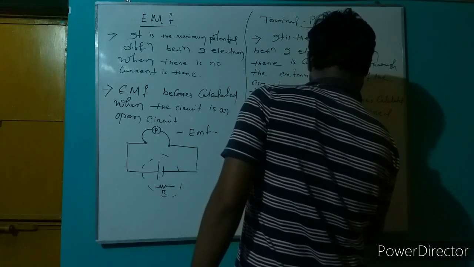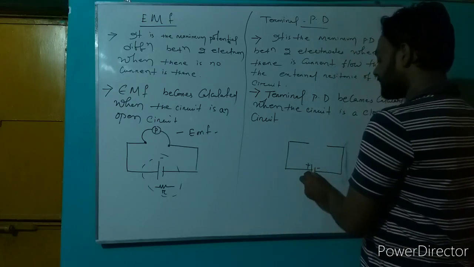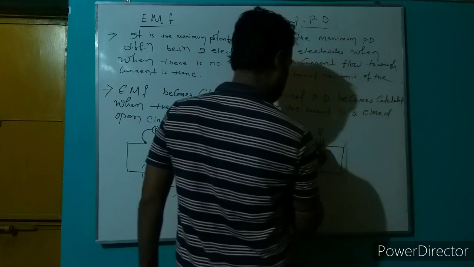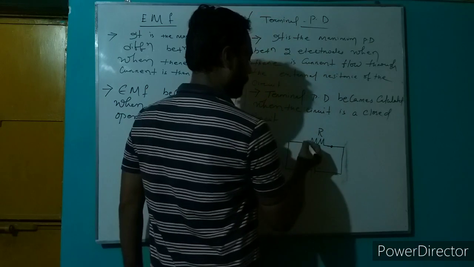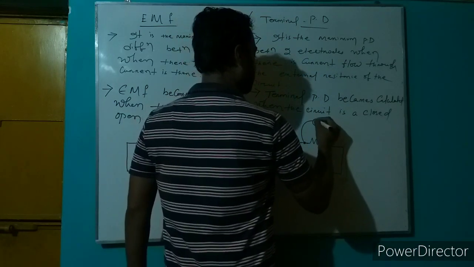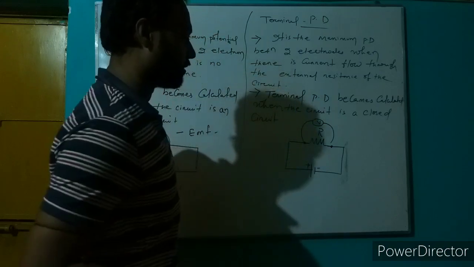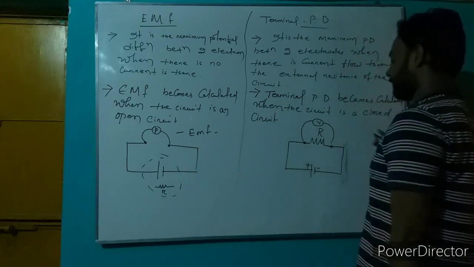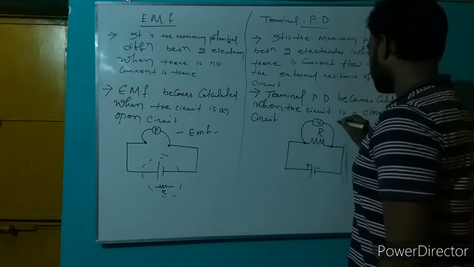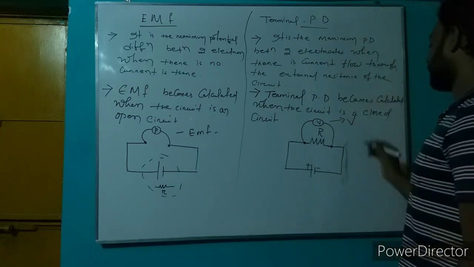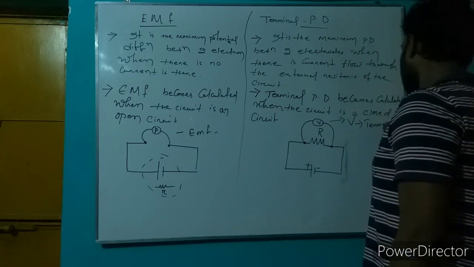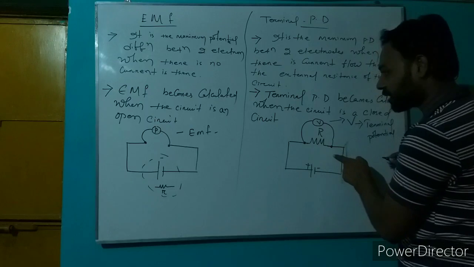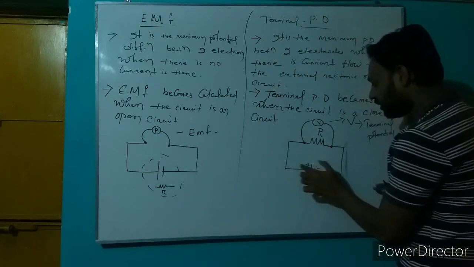Here the two ends of the cell are connected by an external resistance, that is R. Here we have joined a voltmeter so that the voltmeter measures the potential, and that potential becomes quite minimum as compared to EMF. It can be represented as V. V represents terminal potential. So this is the open circuit, and this one is the closed circuit.